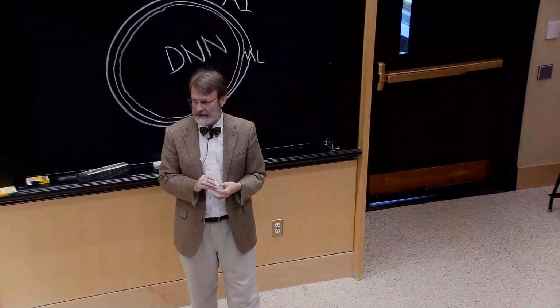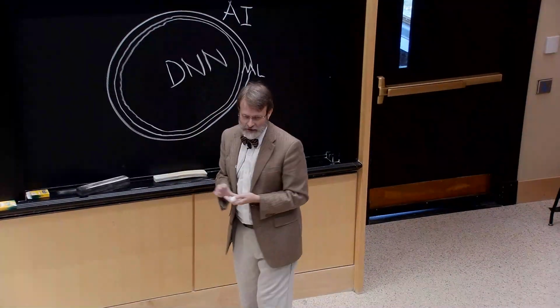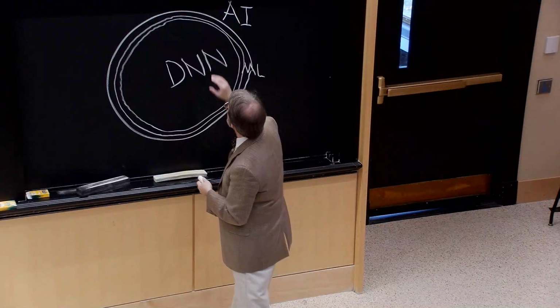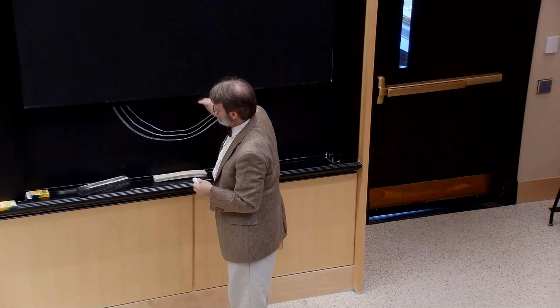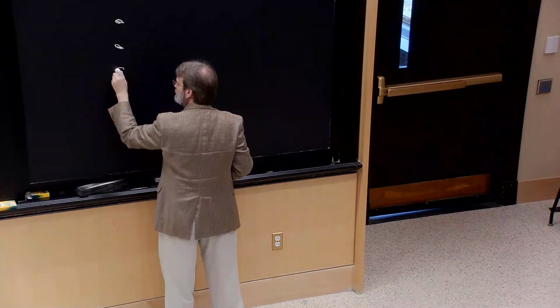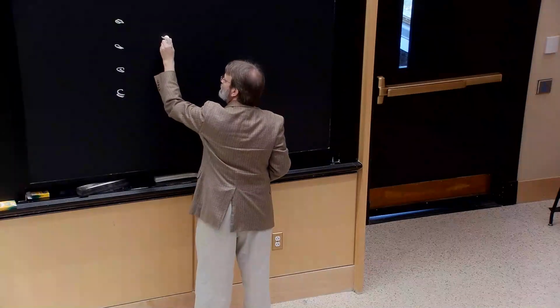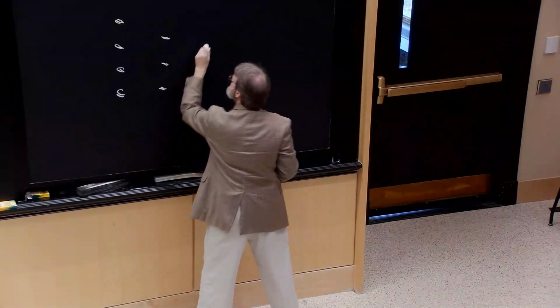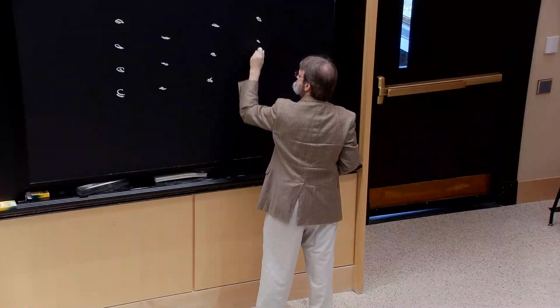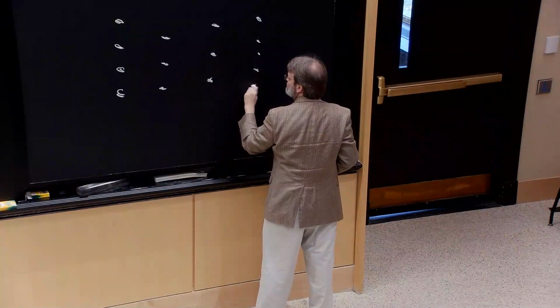Which is pretty impressive, right? And so let's talk a little bit about these deep neural networks and how they fit into this mathematics. So, I'm going to draw a simple neural network here, right? Very simple neural network.